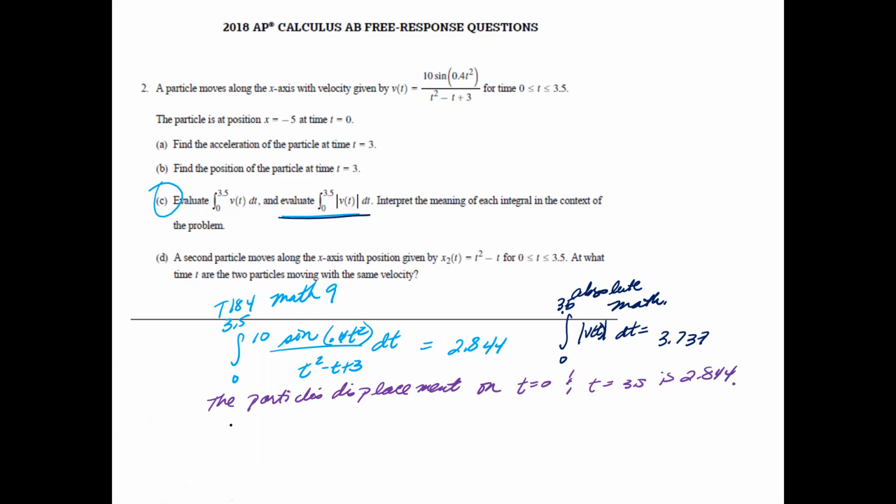And what that means is that the particle is 2.844 units, because I don't know what the units are, to the right of where the particle started.